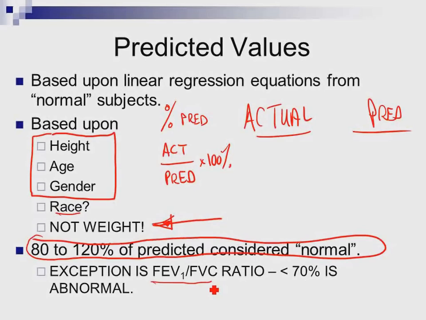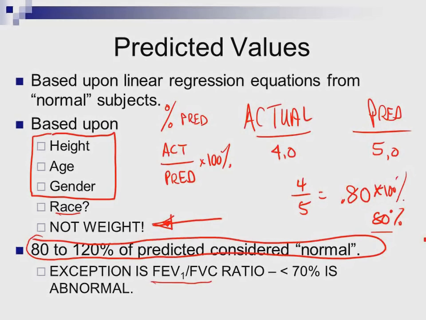That formula will equal to what? Their percent predicted. So if my actual was 4.0, my predicted was 5.0, 4 divided by 5, is 80%. Okay?